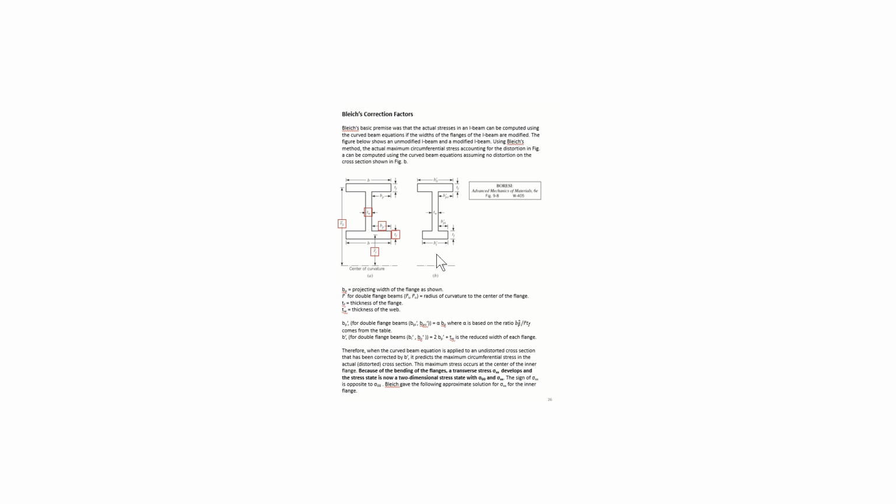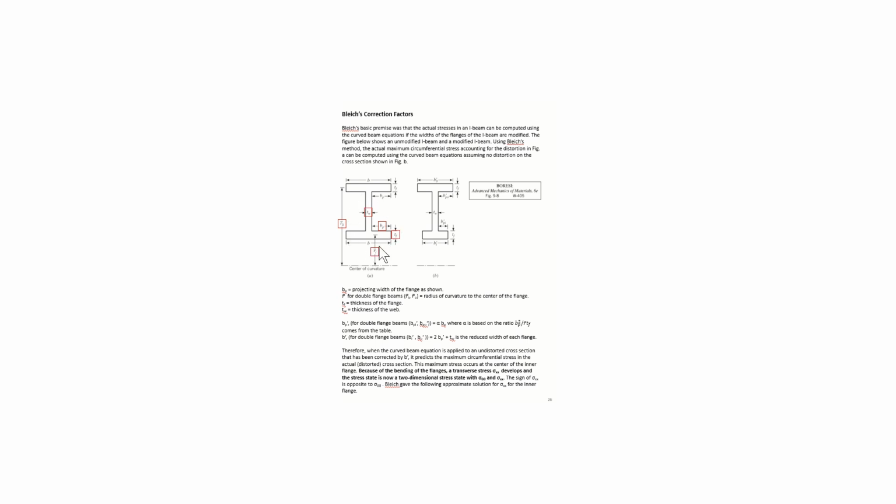And you can see what essentially happens in this I-beam here. Here's the center of curvature, and we're mainly interested in this inner flange because that's where the stresses will be the largest. And you can see that due to Blaikes correction, this inner flange has been significantly reduced. Then when we compute the stresses in this reduced flange, we'll get the actual values that exist in the beam.